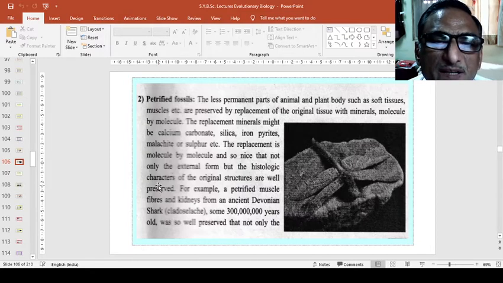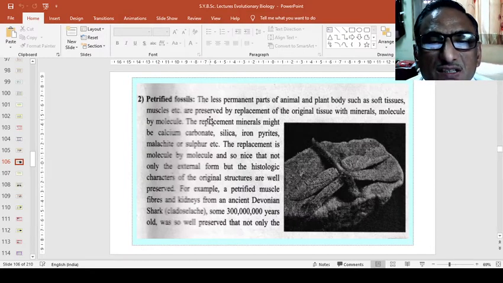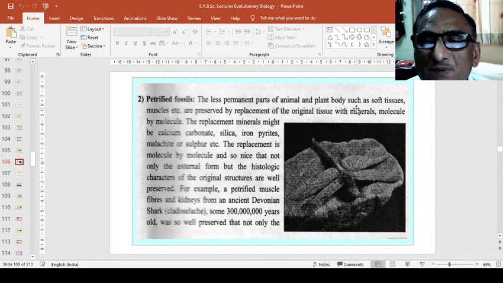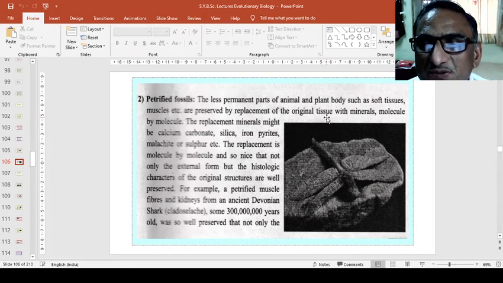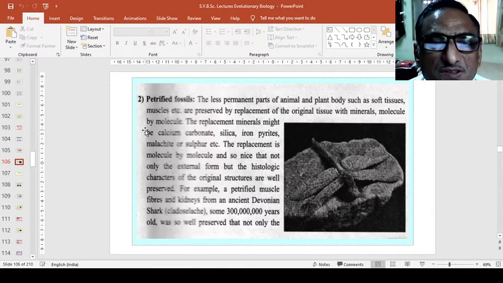Second is petrified fossils. The less permanent parts of animal and plant body, such as soft tissues, muscles, etc., are preserved by replacement of the original tissues with minerals, molecule by molecule.